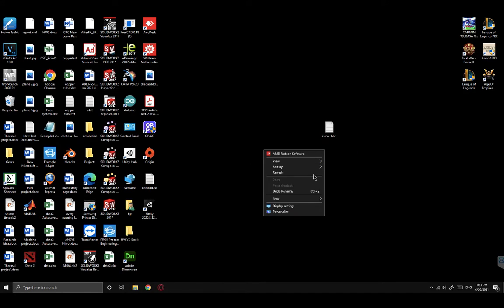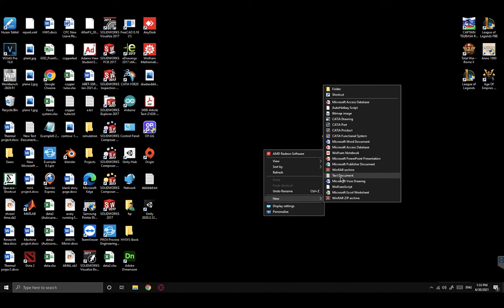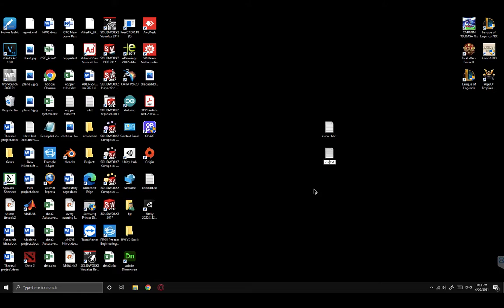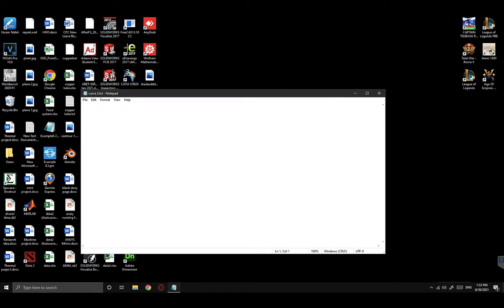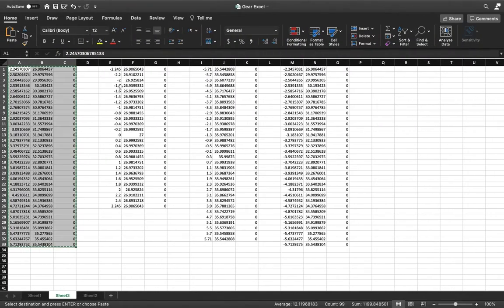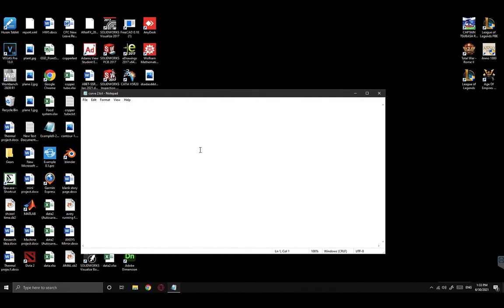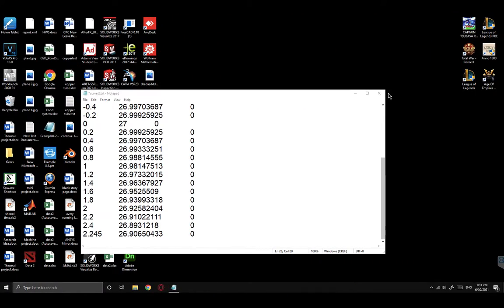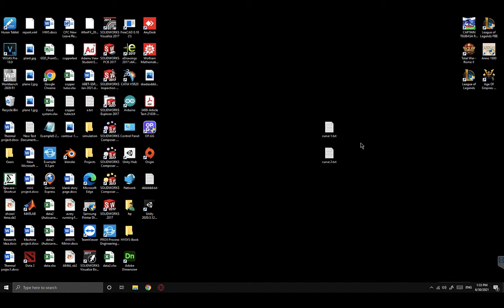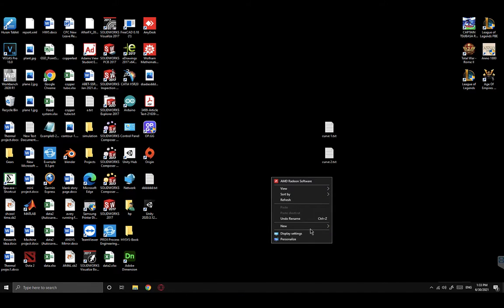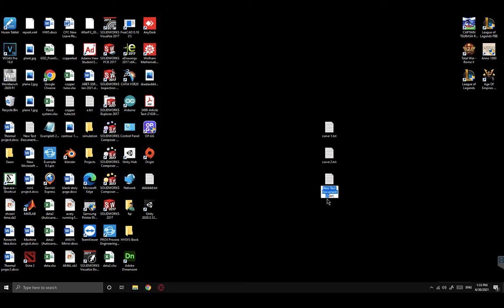Save. Now next, we're gonna do the same thing for all the 4 curves, because this is how we're gonna implement it in SolidWorks. Control C, Control V. Next, curve number 3.